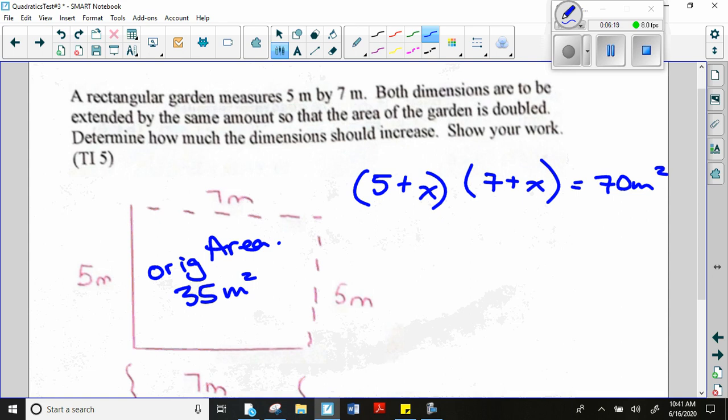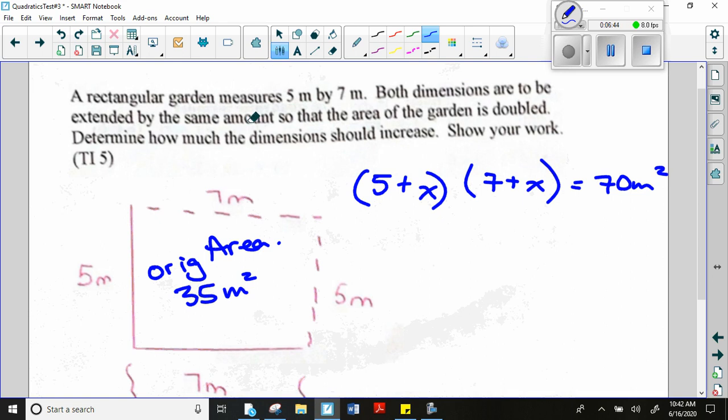Show your work. Well, this is a whole unit on the quadratic formula and finding the zeros. So if we're trying to find values of x that are going to make this statement true, we're looking for the zeros. I think the best way to tackle this is to convert it to standard form and use your quadratic formula and find your x1 and your x2.